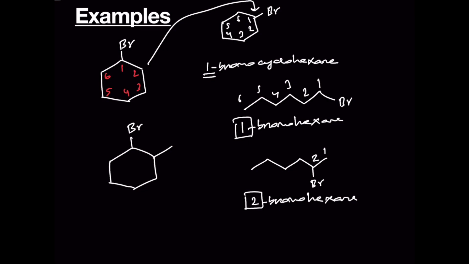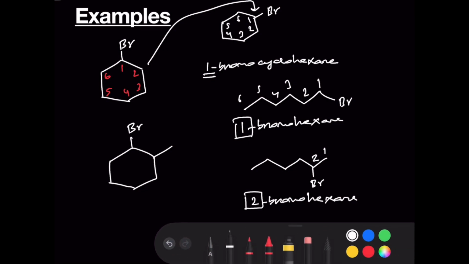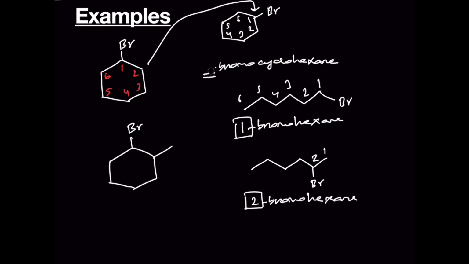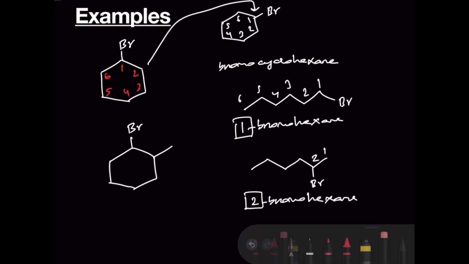That is a key difference that you need to understand. So, this compound's IUPAC name is simply bromo cyclohexane. Let us go to the next example.